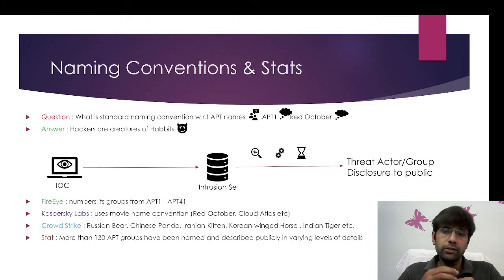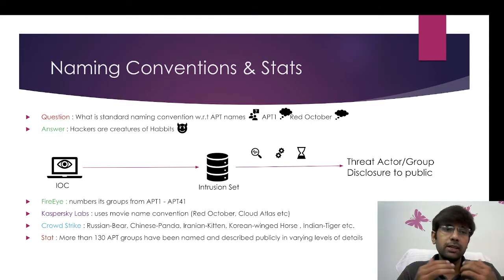The interesting thing here is that the attackers are creatures of habit. The security firms observe and analyze these attacks based on the combination of indicators of compromise and the TTPs that the attackers use repeatedly.